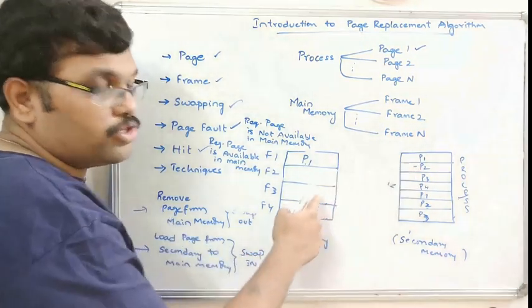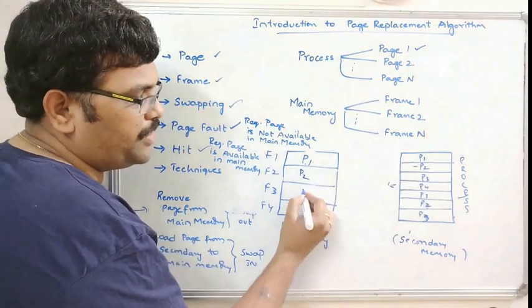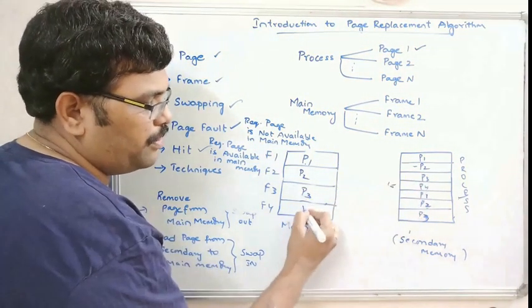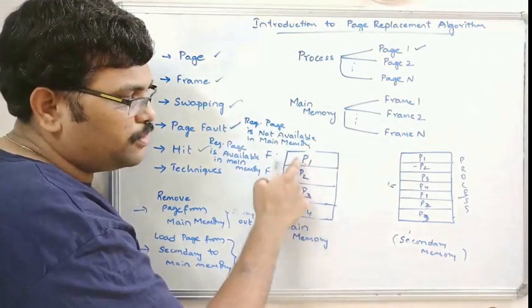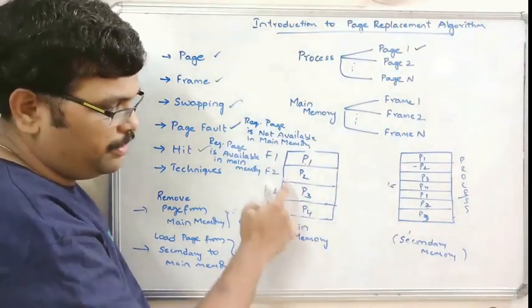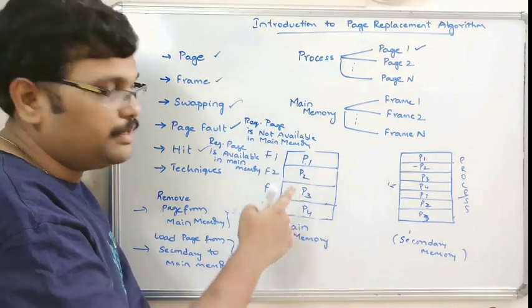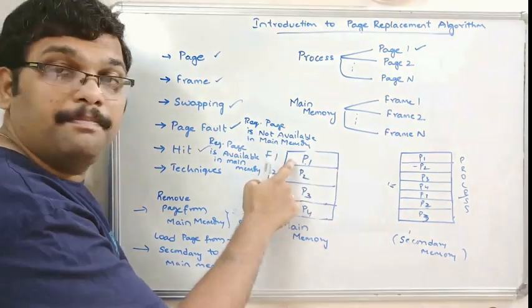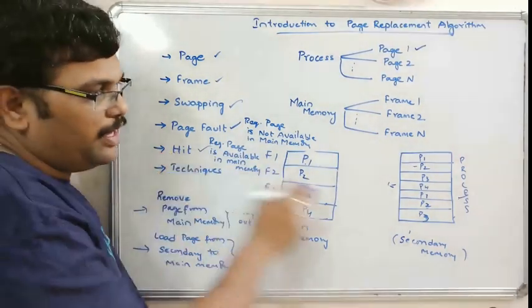Coming to P2, P2 is also not available in main memory. Second page fault. P3, third page fault. P4, fourth page fault. Again P1. P1 is already available in main memory, so we need not swap any page. There is no page fault, so there is one hit. Again P2.